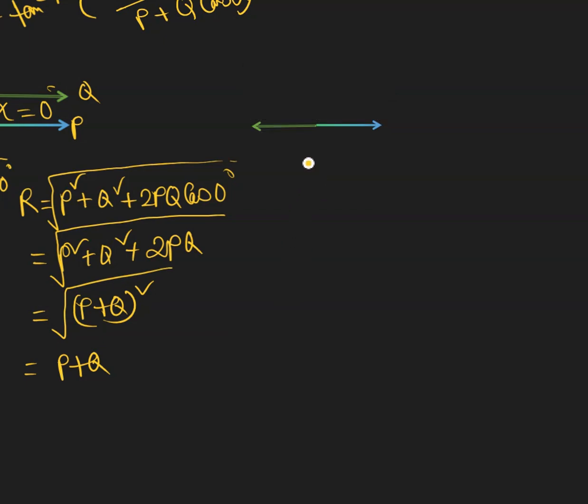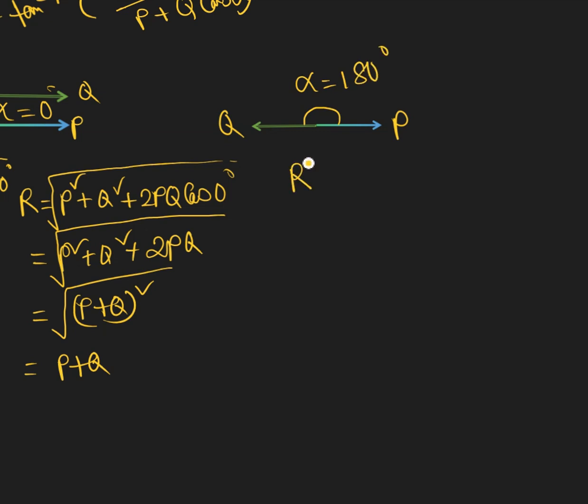And here, the case number 3. This is vector P and this is vector Q, and in between these two vectors, alpha is equal to 180 degrees.